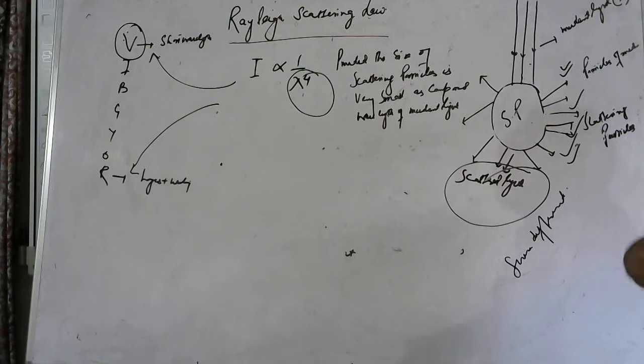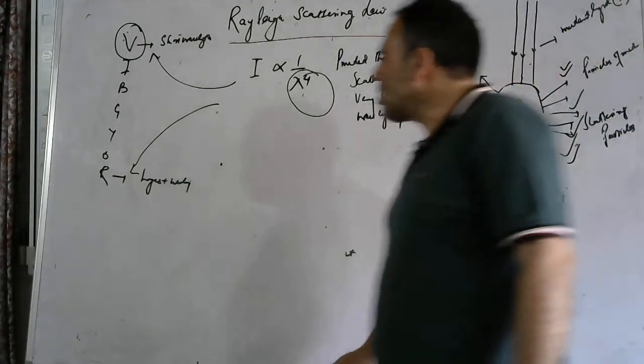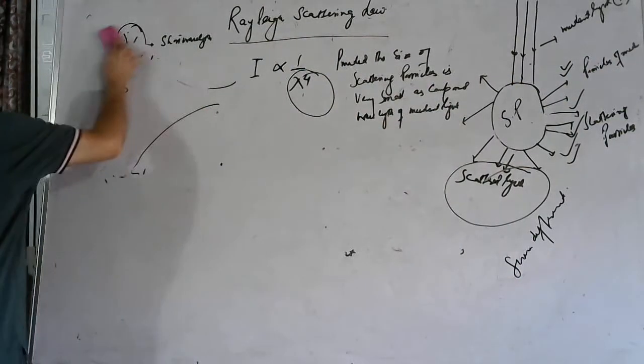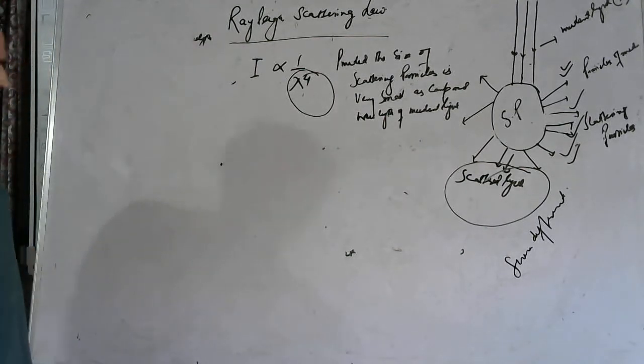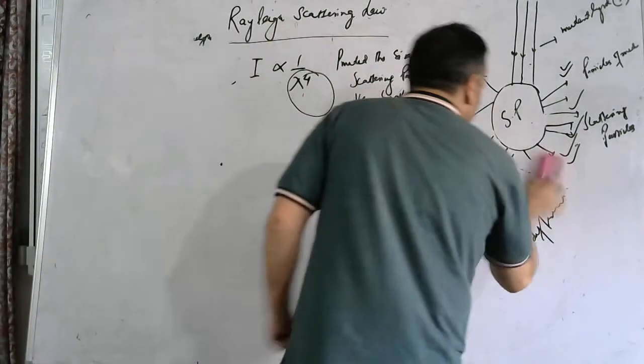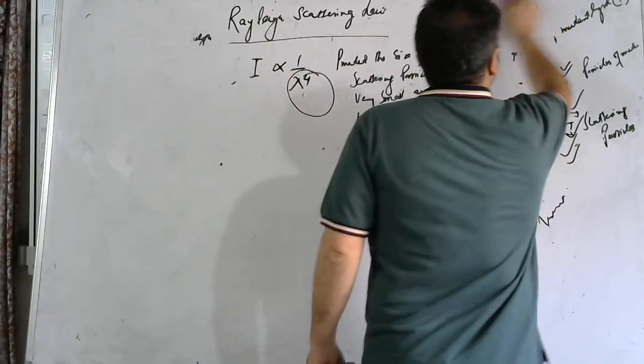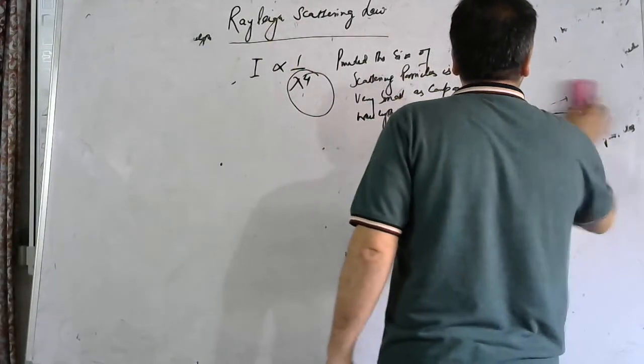Now, with the help of this Rayleigh scattering law, we will be able to explain some of the beautiful phenomena in optics. The first beautiful phenomenon you have read in class 10th, I will repeat here, that is why the color of the sky is blue.